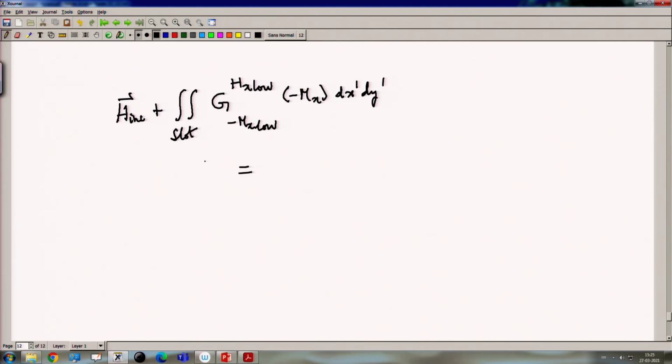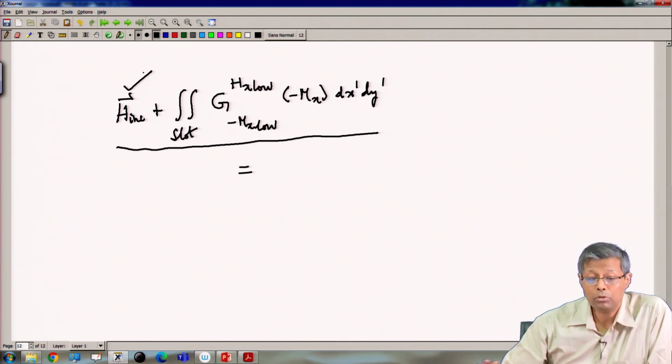This is the total magnetic field on the lower surface of the slot. This is the incident magnetic field due to the dominant TE10 mode.